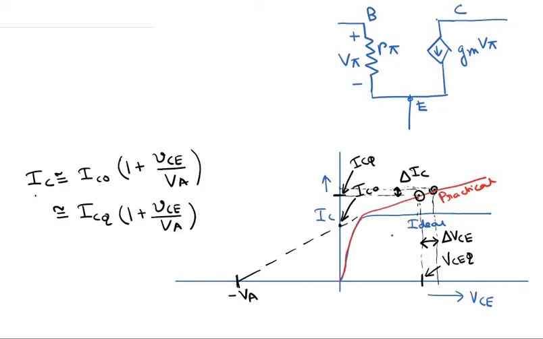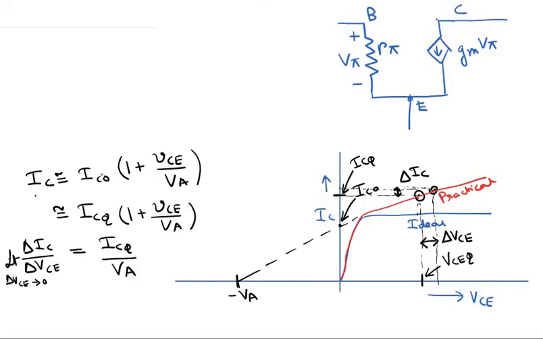Now, we need a parameter which relates the small increase in the collector current with the small increase in the collector to emitter voltage. So, delta IC divided by delta VCE in the limit that delta VCE tends to 0 is basically equal to ICQ divided by VA.